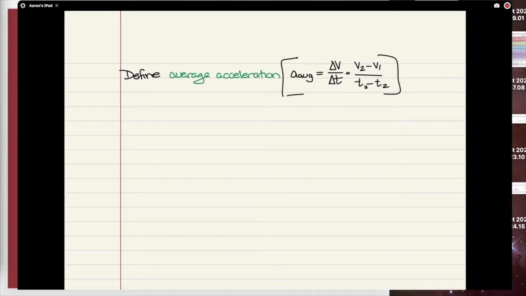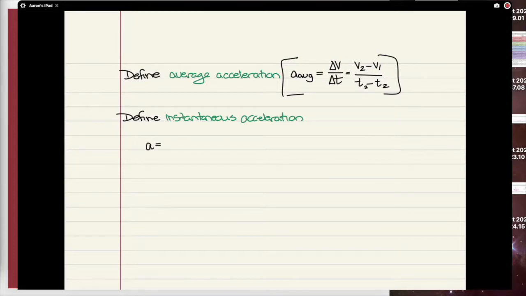And why stop there? We can define the instantaneous acceleration, in the exact same way. The instantaneous velocity was a limit of the average velocity.